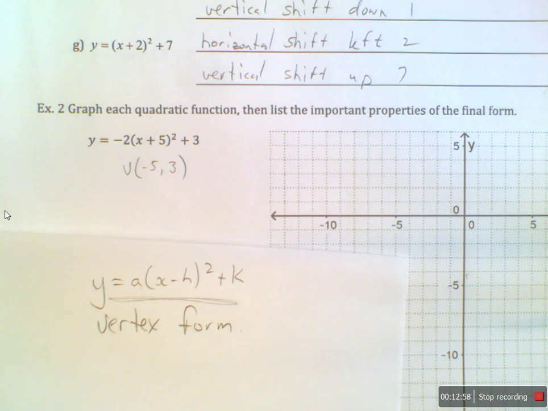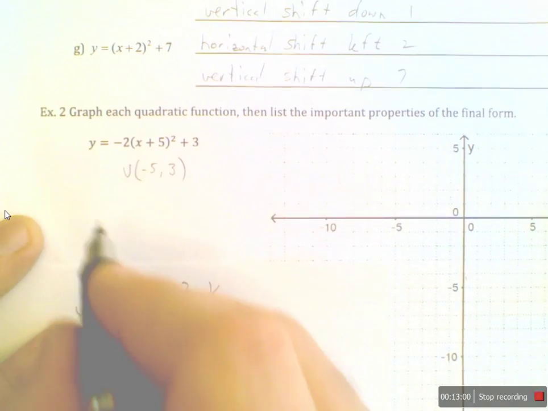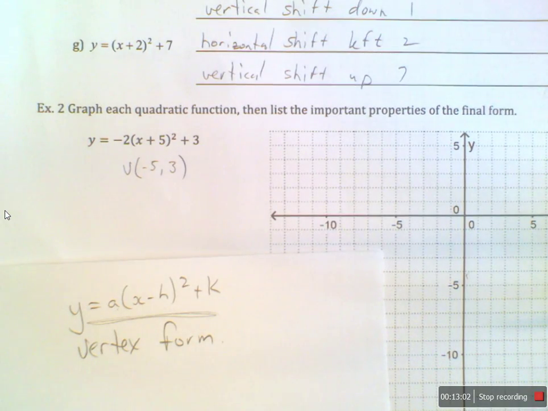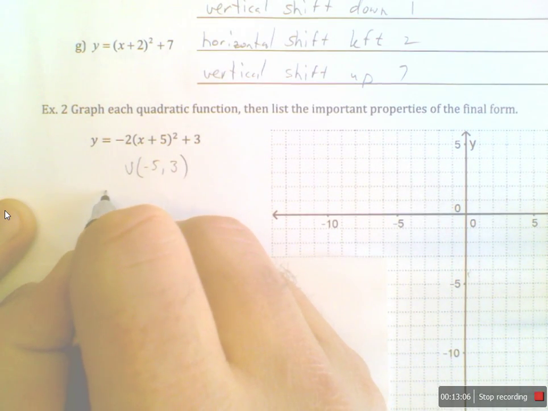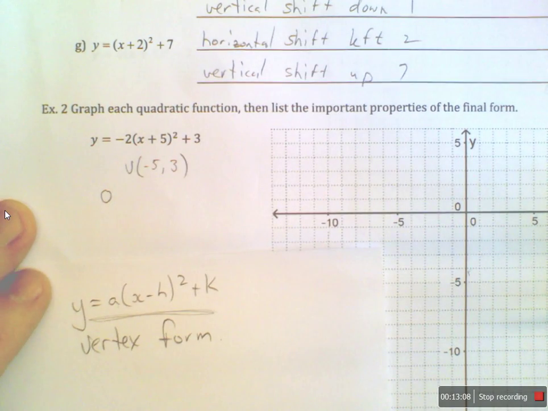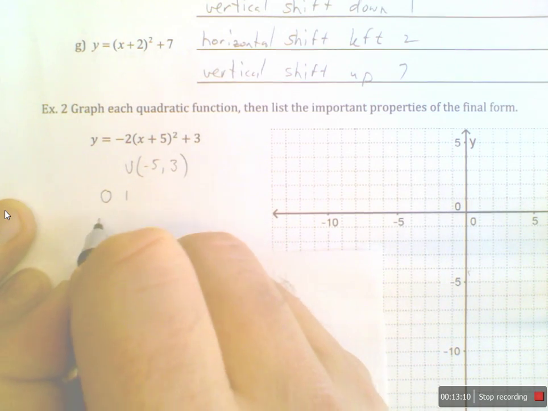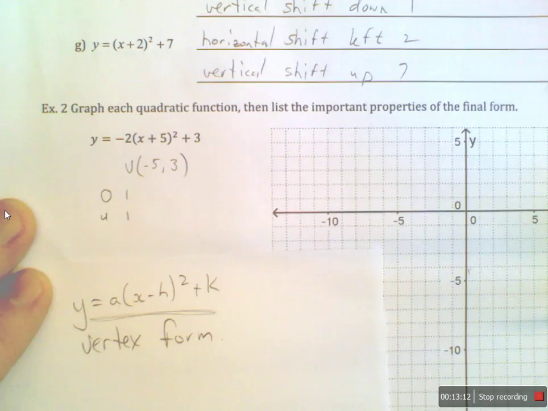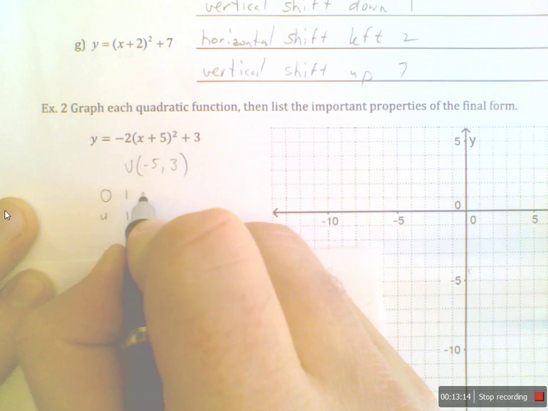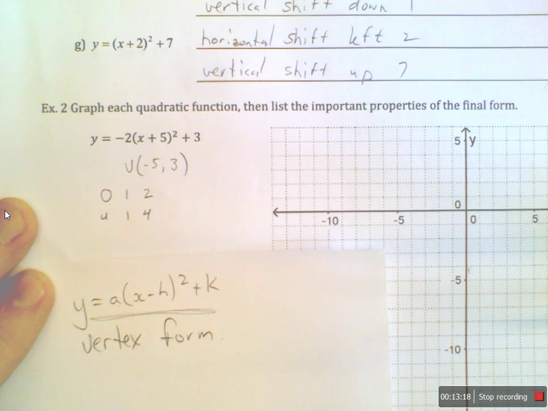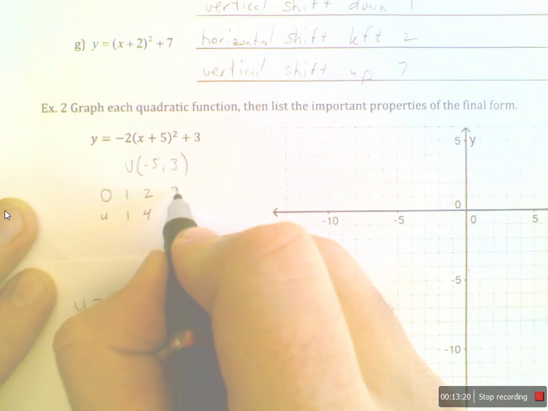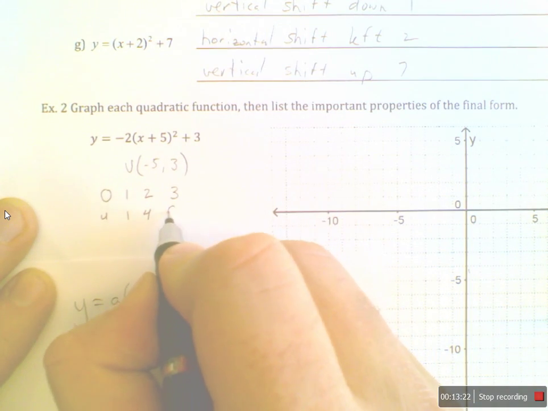And then the other thing I need in order to graph is to think about the growth pattern and how that's getting changed. So I know that my regular growth pattern is over 1, up 1, over 2, up 2 squared is 4, and over 3, up 3 squared is 9.